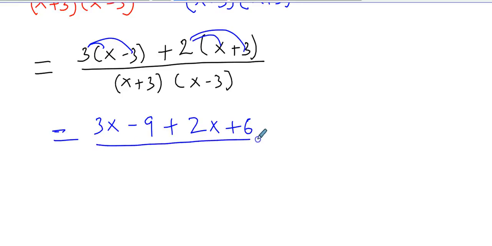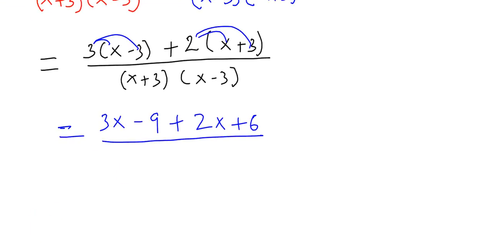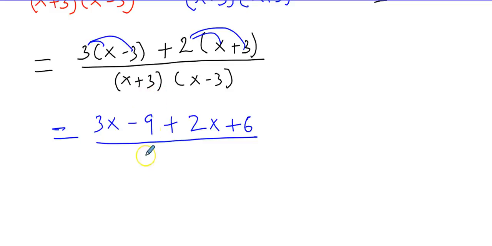And in the denominator, you have x plus 3 times x minus 3. Okay. Now what happens to the numerator? This is like terms, 3x and 2x, they are the like terms.